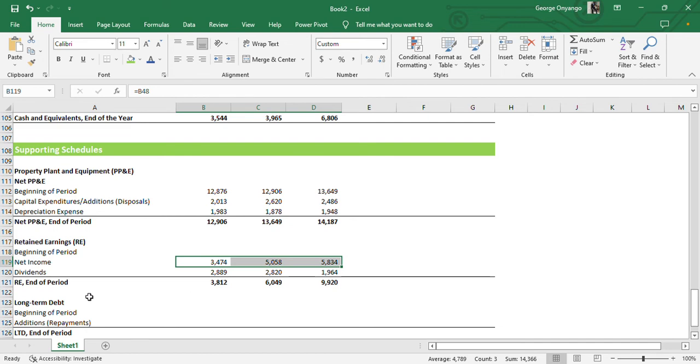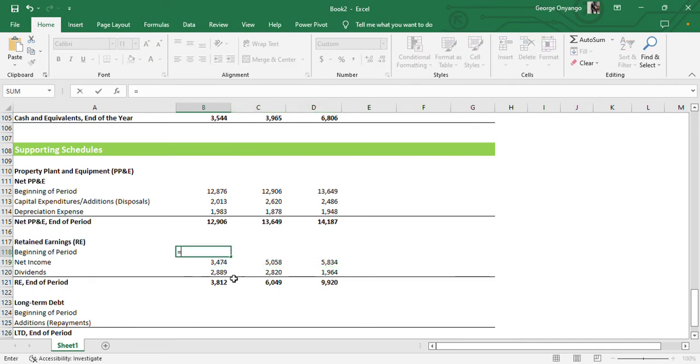So what we are going to do, we are going to get the retained earning at the beginning of the period, because the period of 2009 we were not given. We are going to calculate this by taking this one and adding this but subtracting this one.